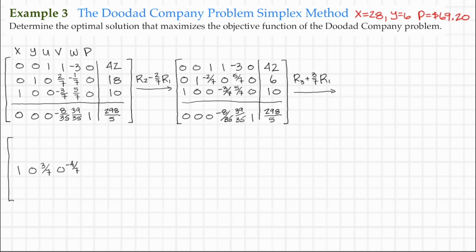0, 0, and 0. And we bring down our vertical bar. 42 times 3/7 is 18. And 10 plus 18 is 28. Close off our bracket and copy over the rest.